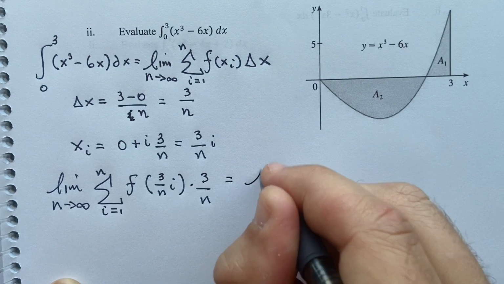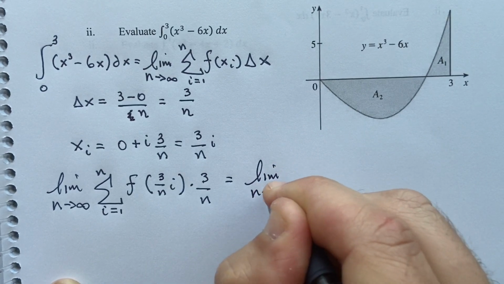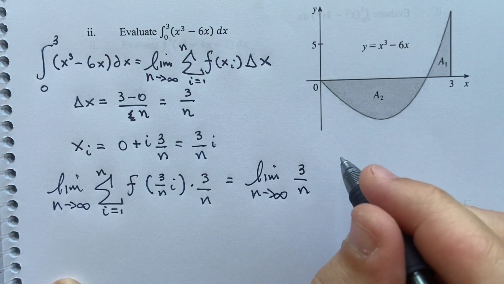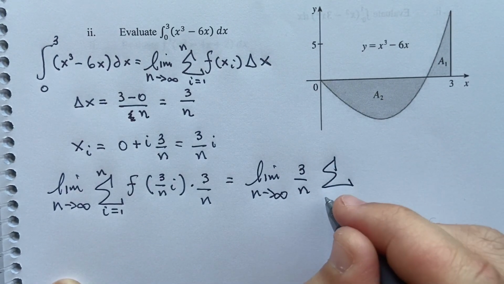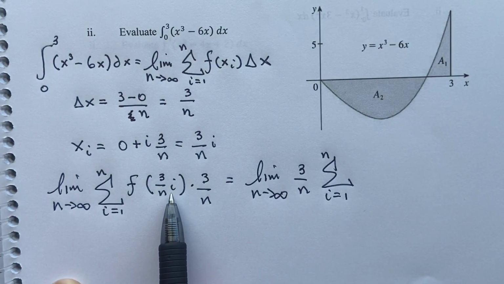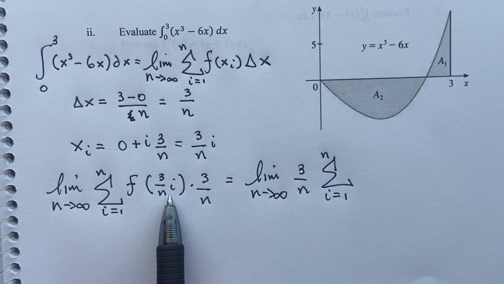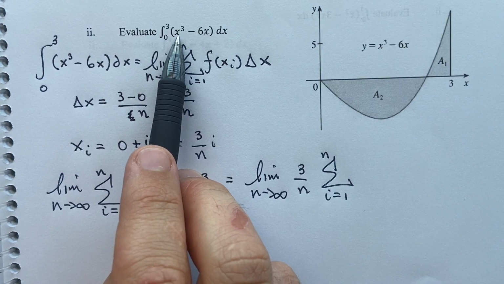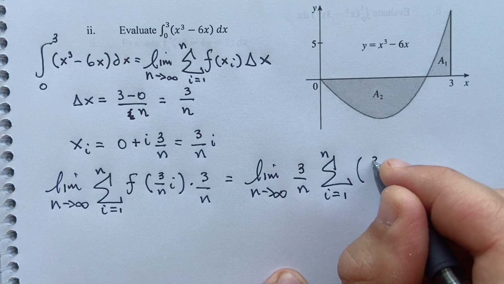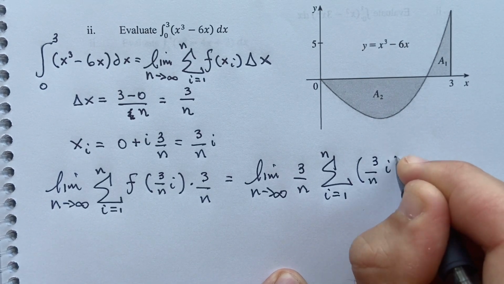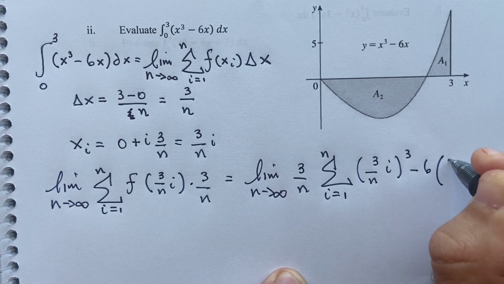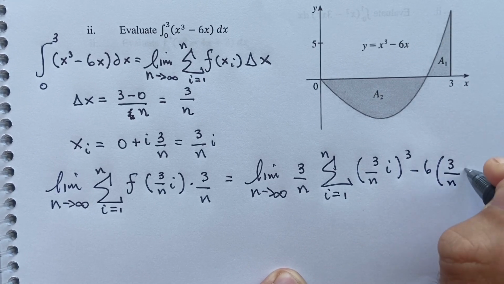So this would equal the limit as n goes to infinity of 3 over n times the sum i going from 1 to n, and then actually plugging this into the function, right? Our function is x cubed minus 6x, so we would have 3 over n i cubed minus 6 times 3 over n i.